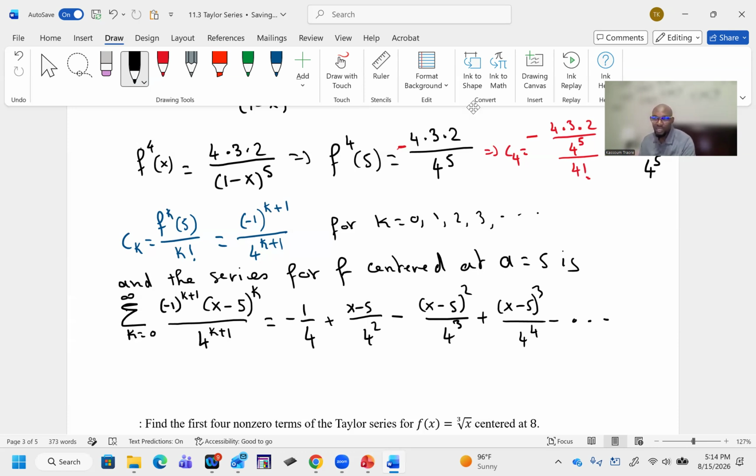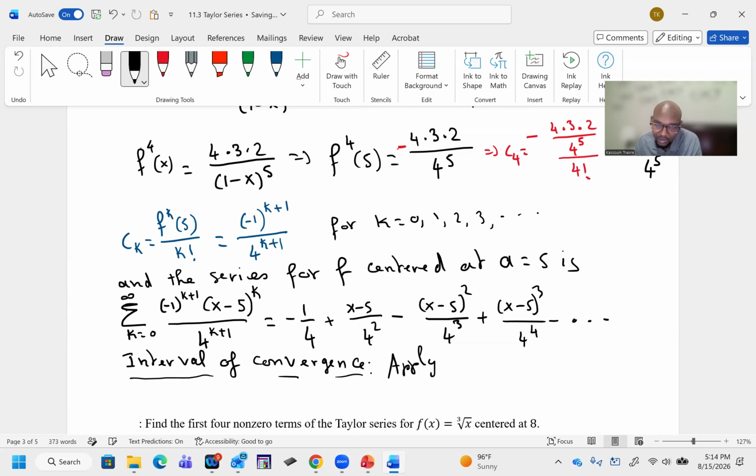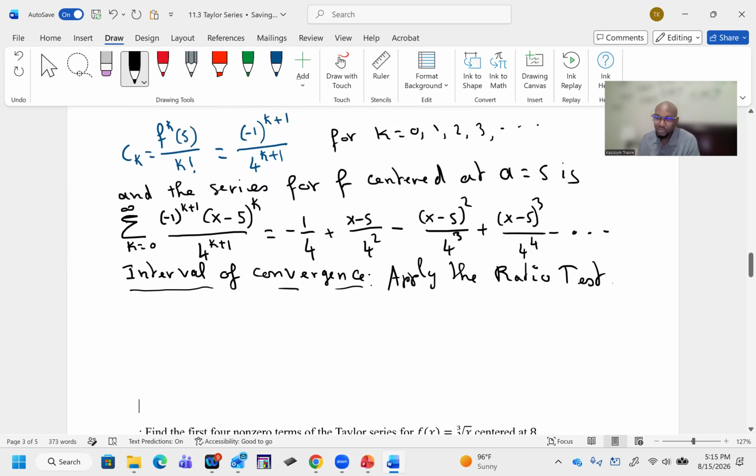And now to determine the interval of convergence for this series, we apply again the ratio test. So R will be equal to what?